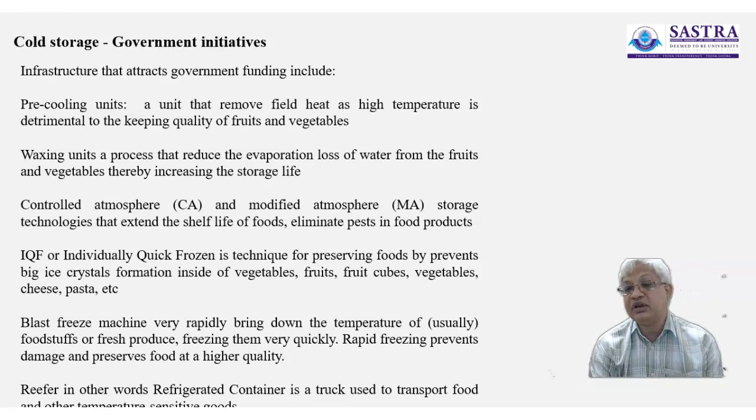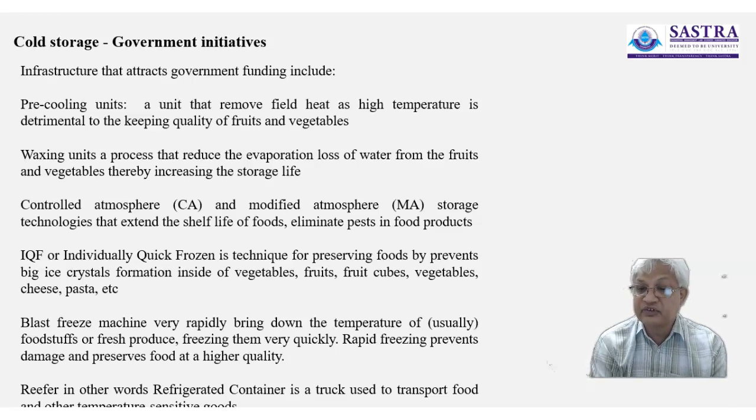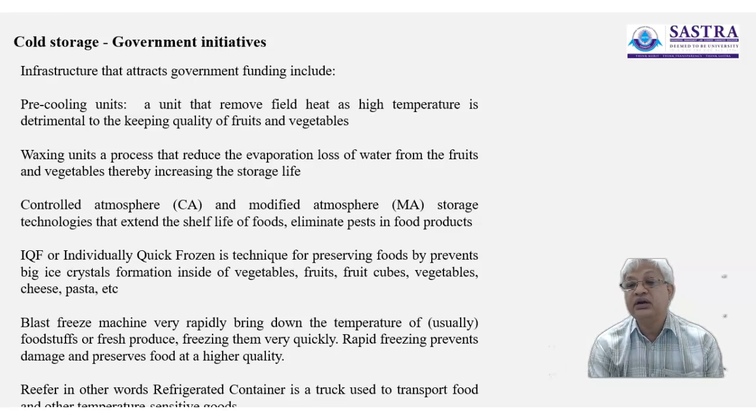And lastly, we look at the transportation facility. The transportation facility consists of what is known as reefer, refrigerated transportation. We call it reefer. It's known as refrigerated container transportation. It's a truck used to transport temperature sensitive goods.